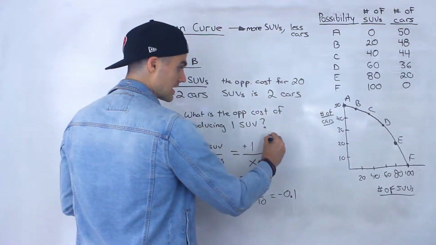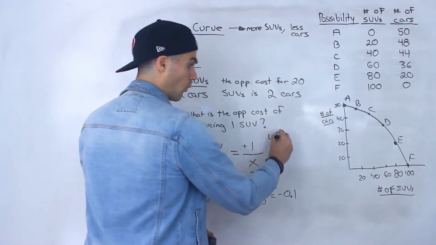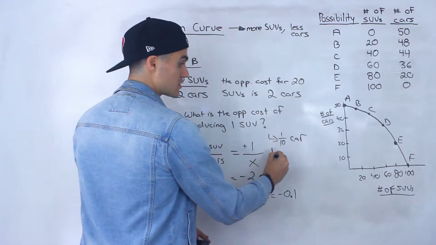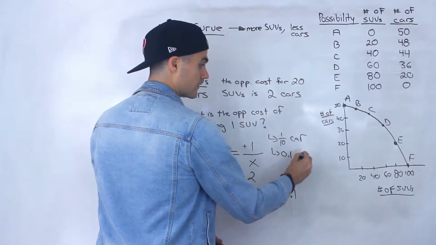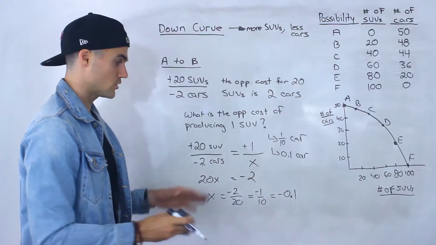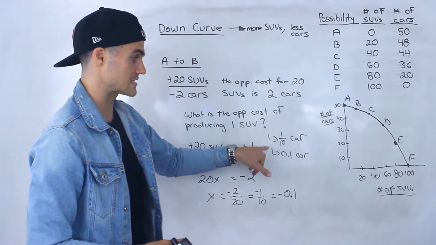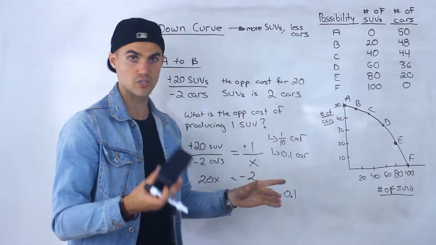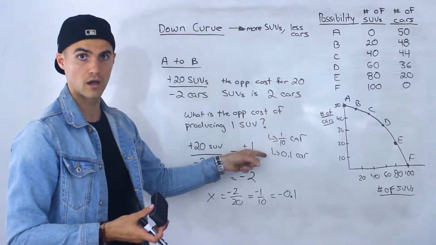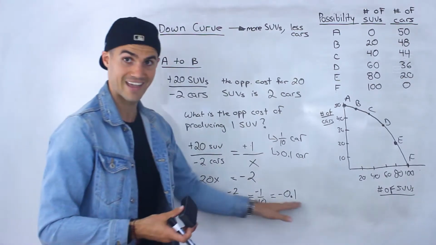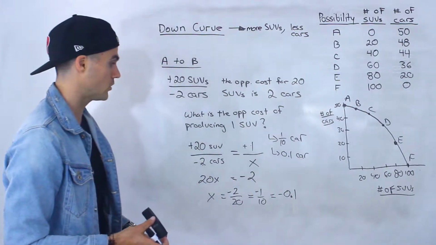The answer is 1/10 of a car, or 0.1 of a car. So you've got to be comfortable knowing this fraction or this decimal. The multiple choice answers could be one of those. Sometimes they'll be fractions, sometimes they'll be decimals. So you've got to be comfortable getting both.